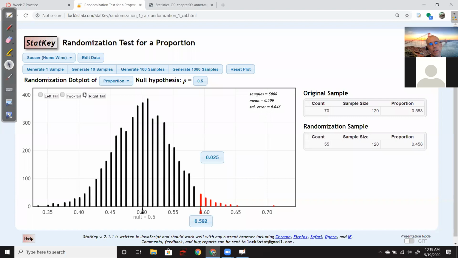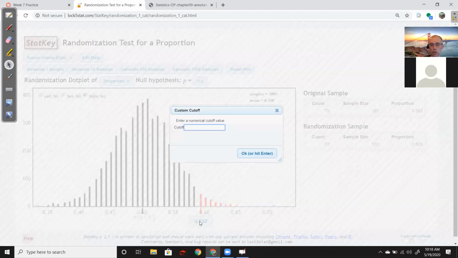All right, so the next thing we look at is the p-value. Once we get the test started here, we're not done; StatKey just randomly puts 2.5% in the tail. We look at the data here and we enter our proportion on the x-axis. So down here, I enter 0.583, which is the sample data, and I'll draw a sketch of what I'm doing here too in a sec.